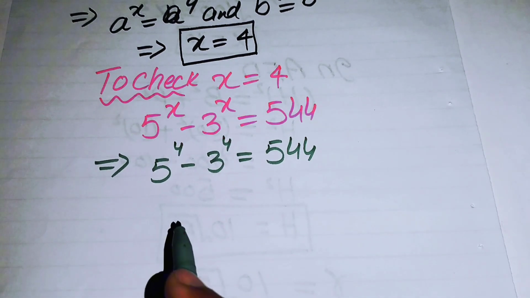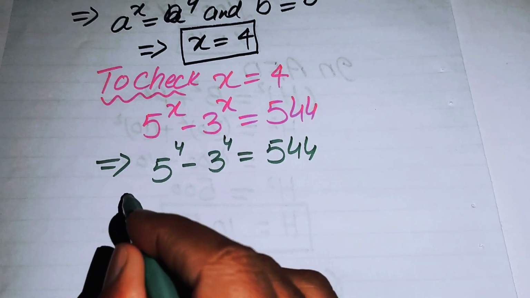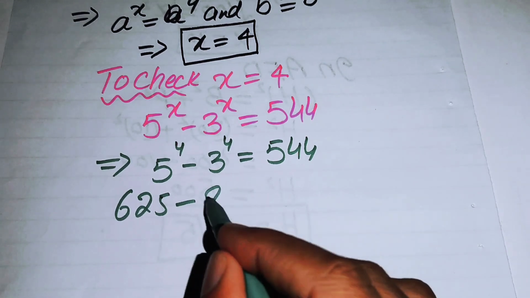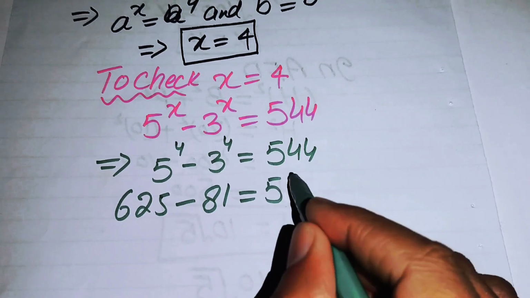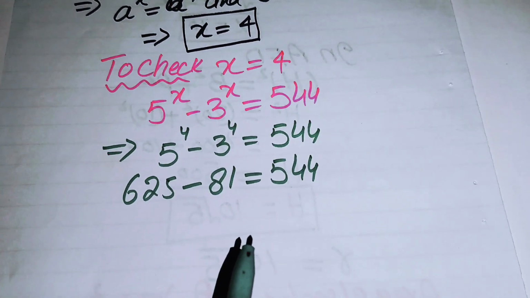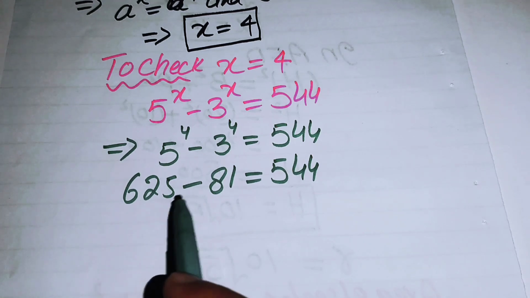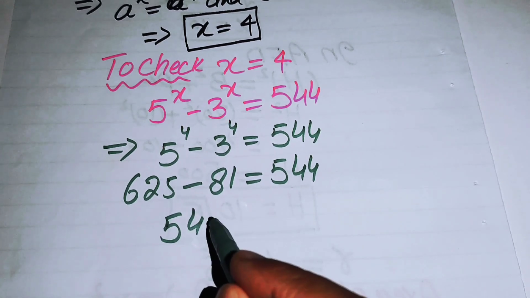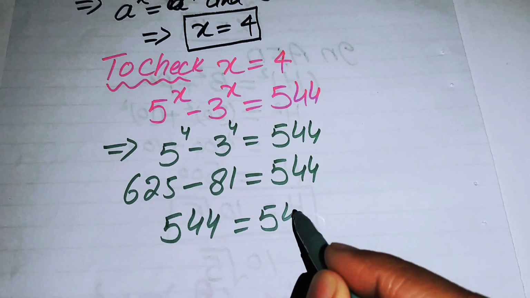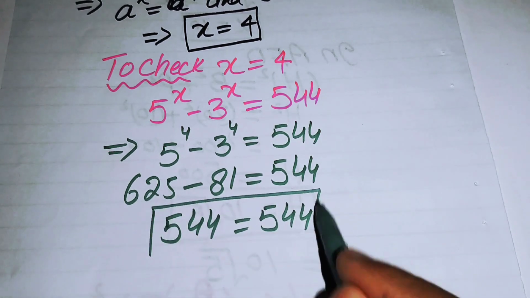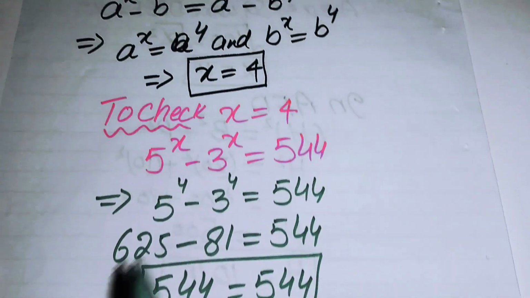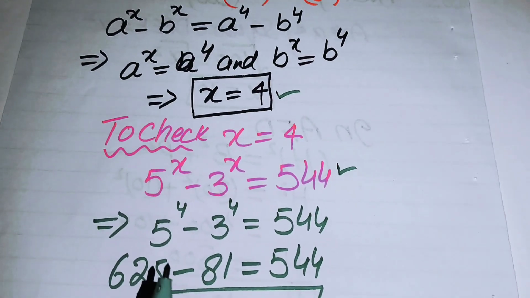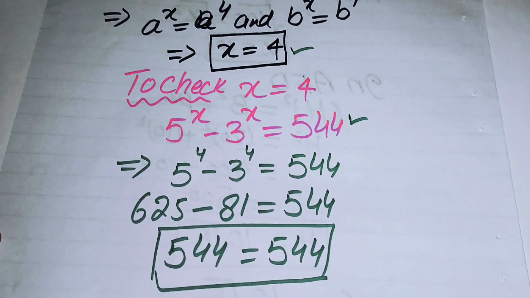When we open 5 to the power of 4, we obtain 625, minus 3 to the power of 4 which equals 81. Subtracting these two values, 625 minus 81, equals 544. This shows that x equals 4 satisfies the given question statement, and that x equals 4 is the only solution of this problem.